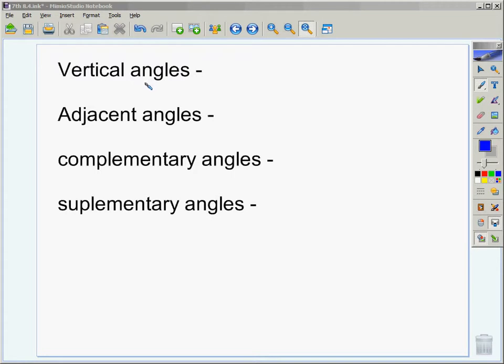What are they formed by? Two intersecting lines. And what can you tell me about them? Are they next to each other, or what does it say?